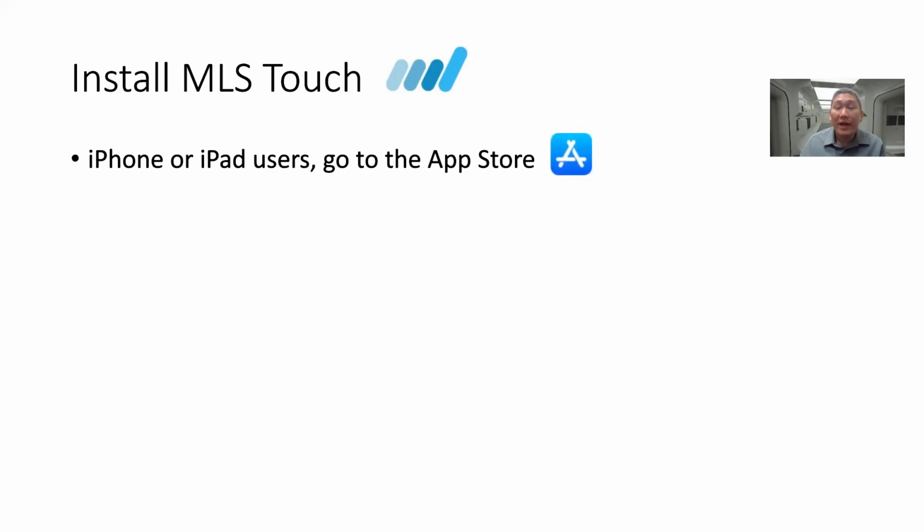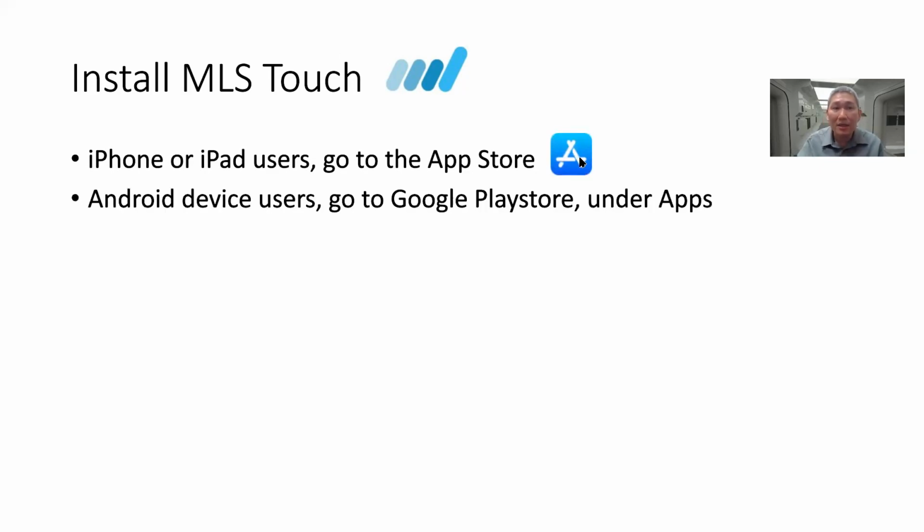When you go there, find this icon and tap it. If you're using an Android device, you need to use Google Play Store, which looks like this. From there, you just go to apps. Make sure that you're in the apps section, because you're downloading an app.